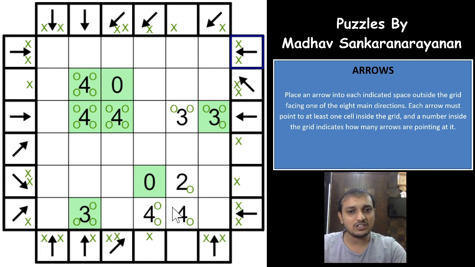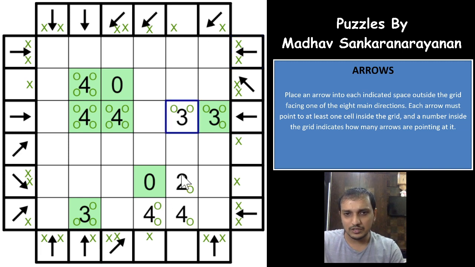So what are the 3 cells that we have to look out for? Now the logic here is that if you see this 3 and this 2, you need exactly one more arrow pointing towards both of these numbers, and both of these horizontal cells, or vertical cells, cannot point to the 4 simultaneously, because that will actually contradict the 3 and 2.